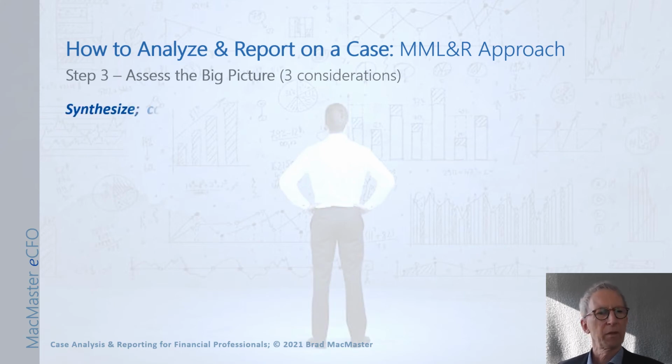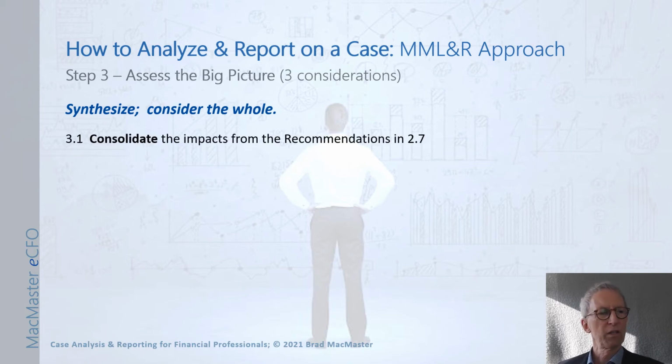In this step, your task is to consider the whole, particularly with respect to the client's main concern. You must synthesize or aggregate the results of your detailed analysis. In fact, the word synthesize is the opposite of analyze, which involves breaking things down into components.